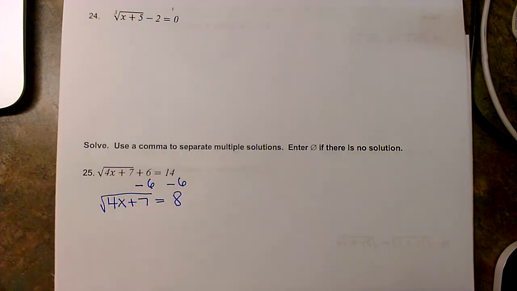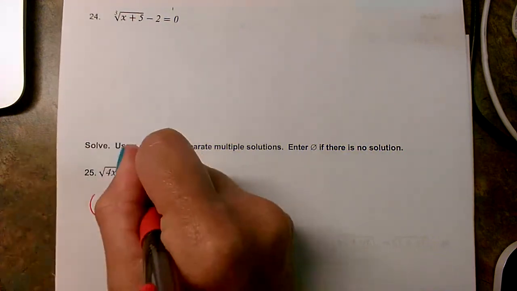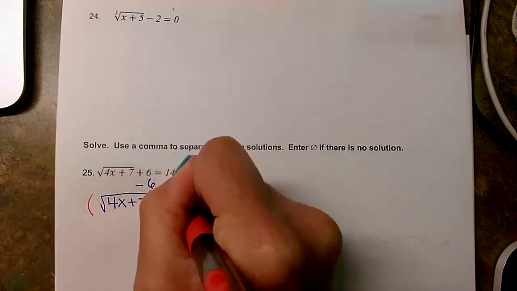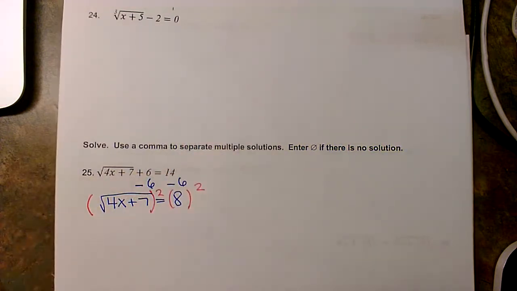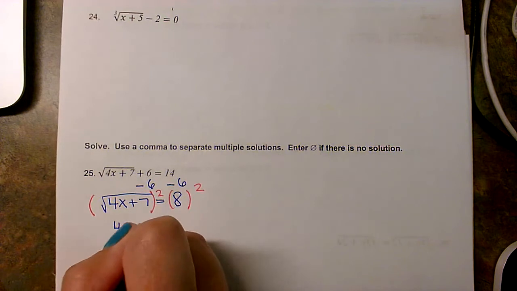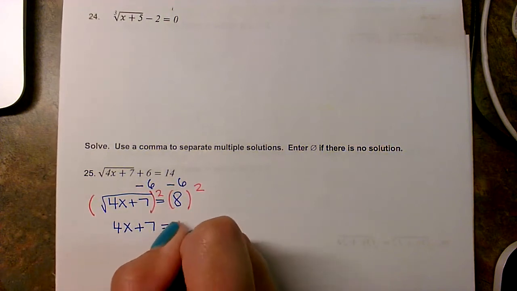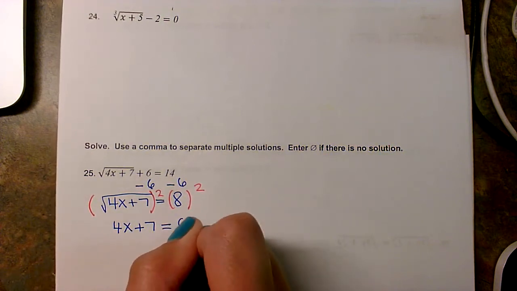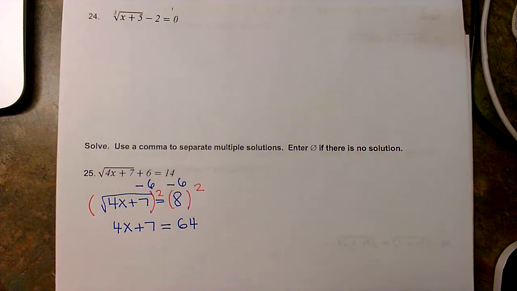Now, going to square 4x plus 7 equals 64.